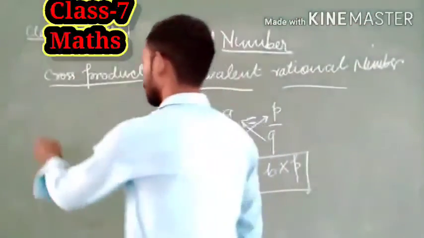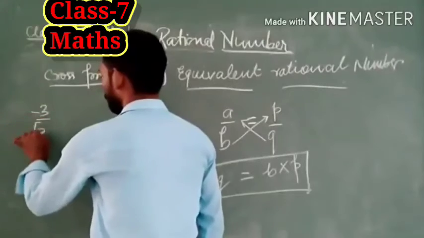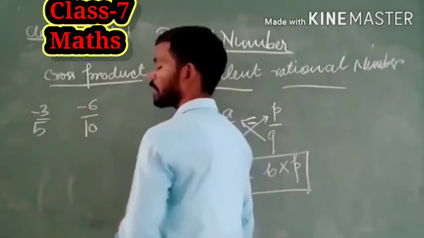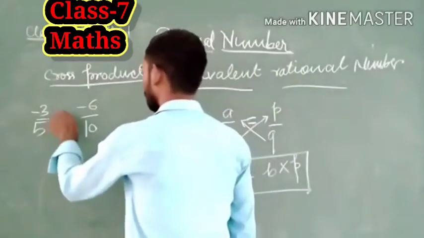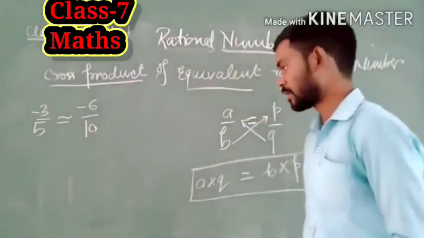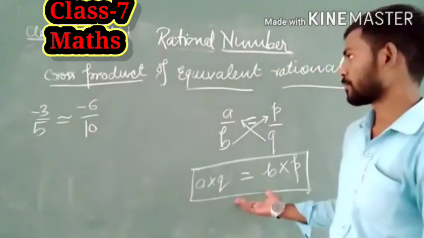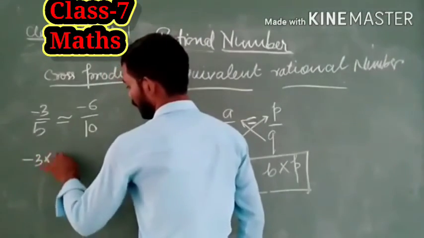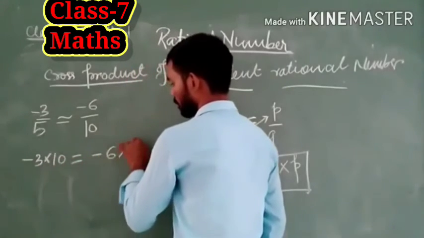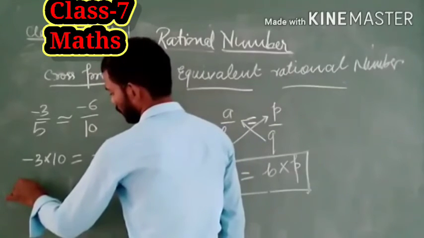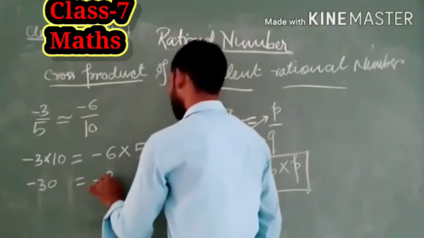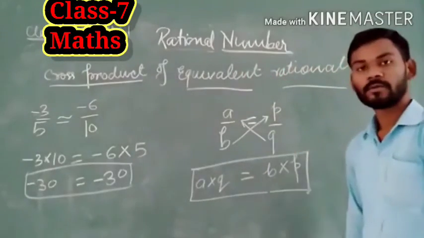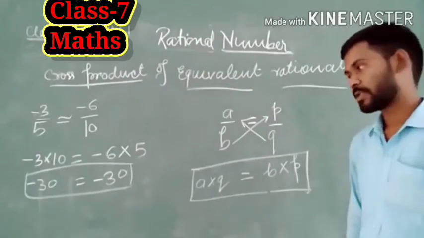If we take minus 3 upon 5 as a rational number, and minus 6 upon 10 is the equivalent rational number, then by the concept of cross multiplication, we have minus 3 multiplied by 10 is equal to minus 6 multiplied by 5, and hence we get minus 30 is equal to minus 30, which proves that the cross products will be equal when we take two equivalent rational numbers.